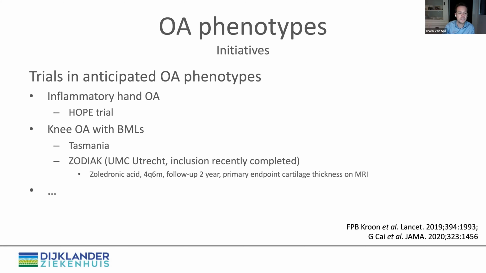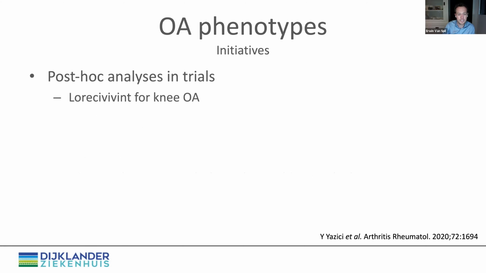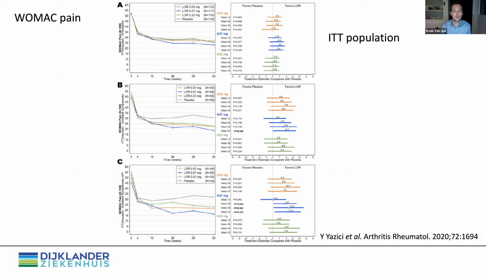And of course, there are many more examples, but I would like to go on to another approach. For example, performing post-hoc analysis in trials. A trial you all might know is the phase 2 trial of lorecivivint, a Wnt inhibitor that's been tested for knee OA. And in this trial, long story short, in the intention to treat population, the drug was not able to reduce pain clinically significantly.